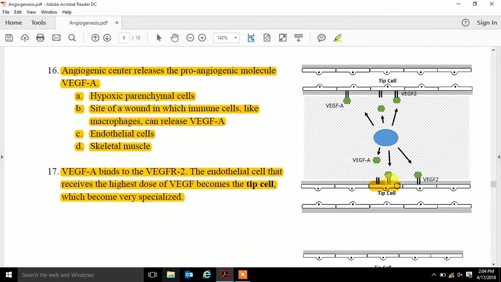These tip cells, as I've illustrated here, have a couple different receptors and are going to get the greatest signal because they get the highest dose of VEGF. And we've got a tip cell on both capillaries. And this starts the signaling to tell that cell to become extremely specialized.